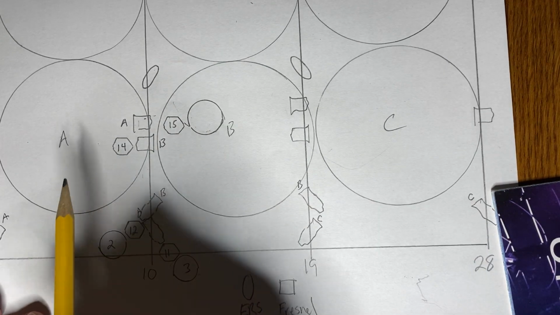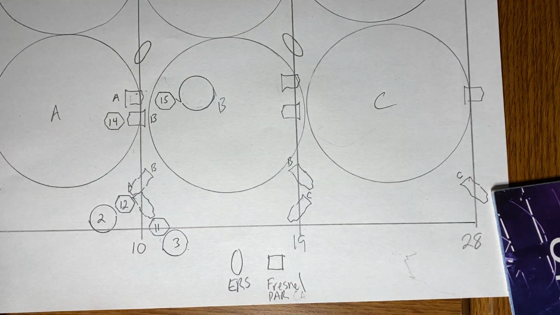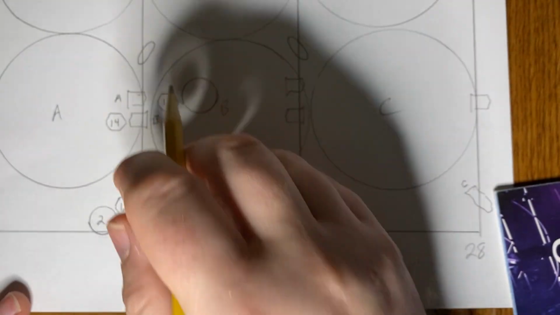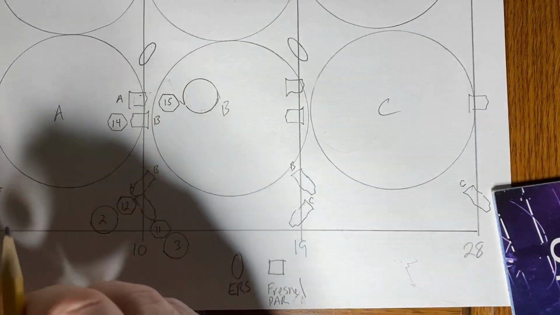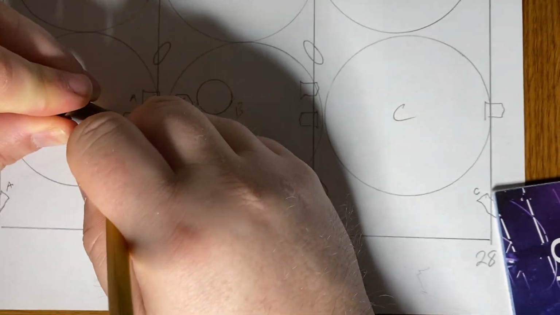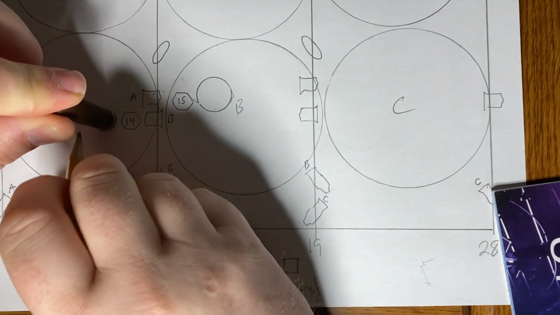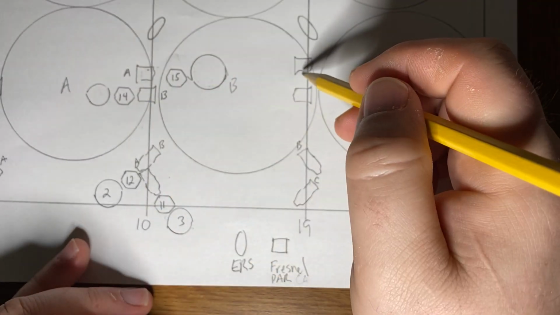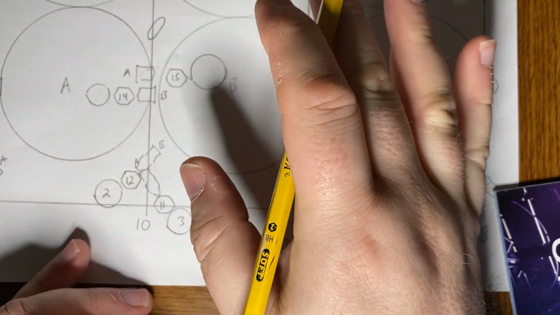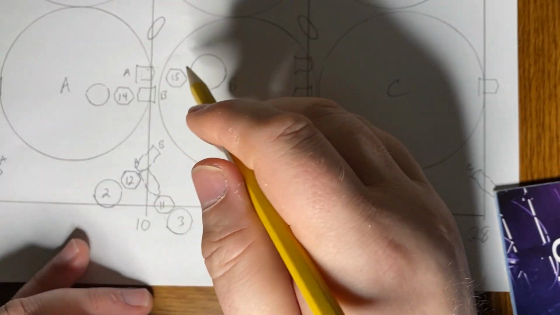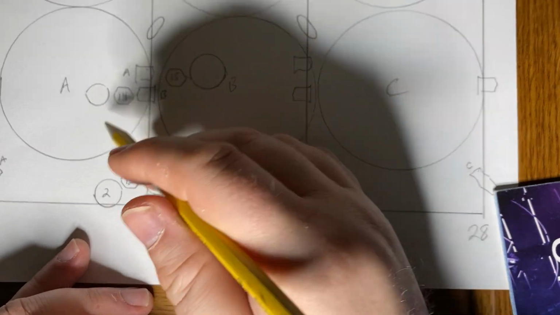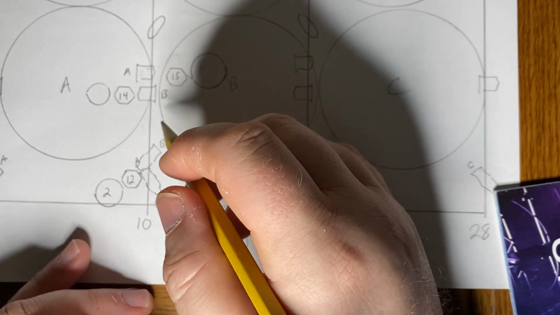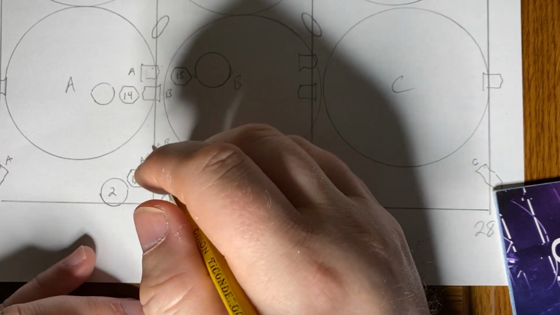Now this, in real life, would be way too close. But for the purposes of this assignment, where I'm just doing the shapes and doing the best I can, I'm just going to call that good. In real life, if we were focusing something to A, it would probably be more likely over here, and this would be focused to A. But for the purposes of this assignment, just getting it done, I just want you to put these symbols in there, and you can put the channels whatever you want.